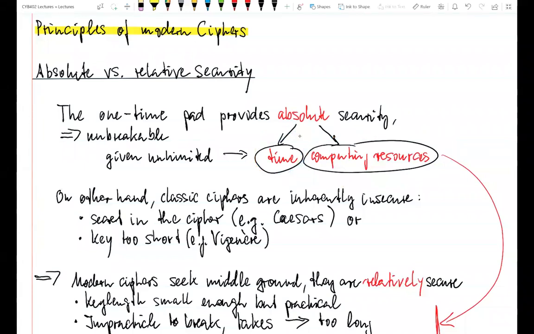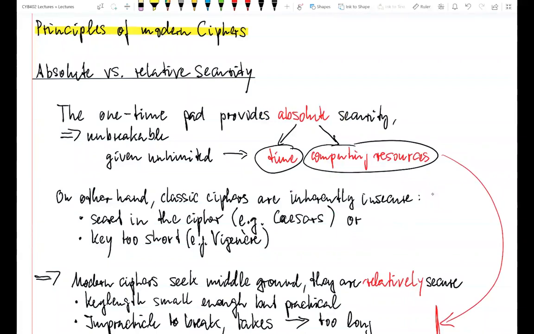So this is important because this touches on the practicality of actually attacking certain ciphers. In reality, we do not have unlimited time and we do not have unlimited computing resources. And it turns out this is exactly what modern ciphers are counting on. So again, on the one side, we have absolute security. On the other side, historically speaking, we have inherently insecure ciphers, typically classic ciphers.